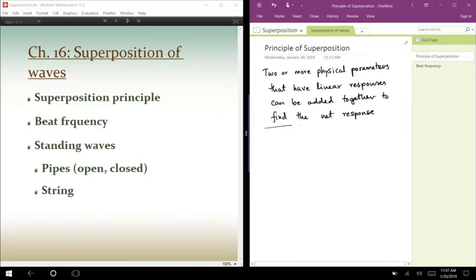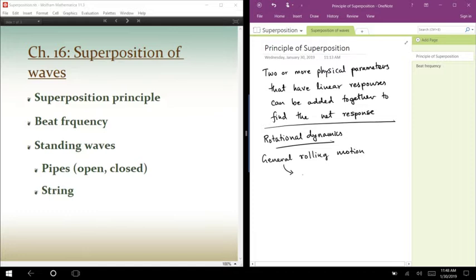So for example, you've seen superposition principle already, if you remember when we started talking about rotational dynamics. In rotational dynamics, we said that a general rolling motion, for instance, has two parts.